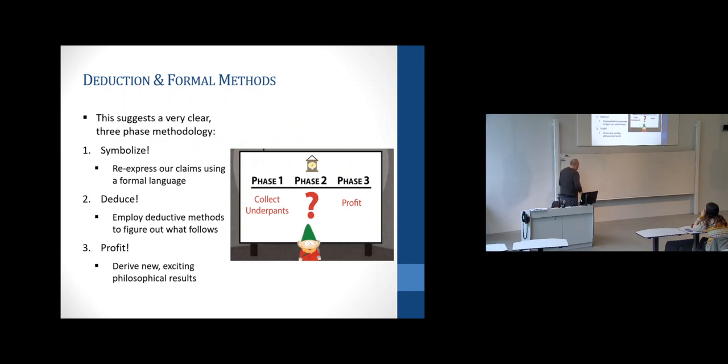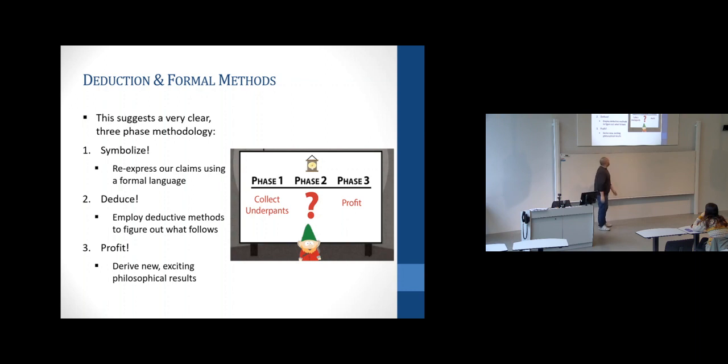This suggests a very clear 3-phase methodology for doing philosophy. Step 1, symbolize. Take your philosophical theories, your claims, and re-express them, symbolize them in a formal language. Step 2, deduce. Employ various deductive methods to figure out what follows from the things that you have symbolized.